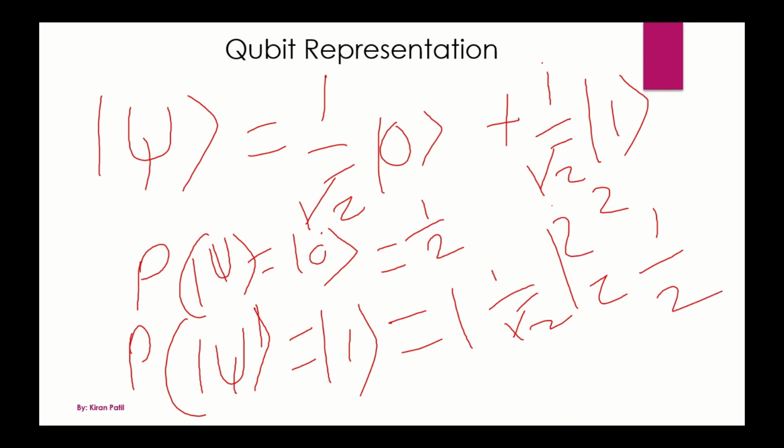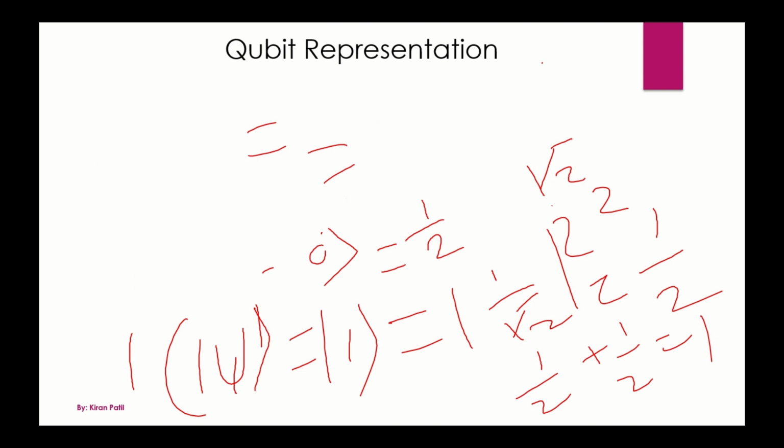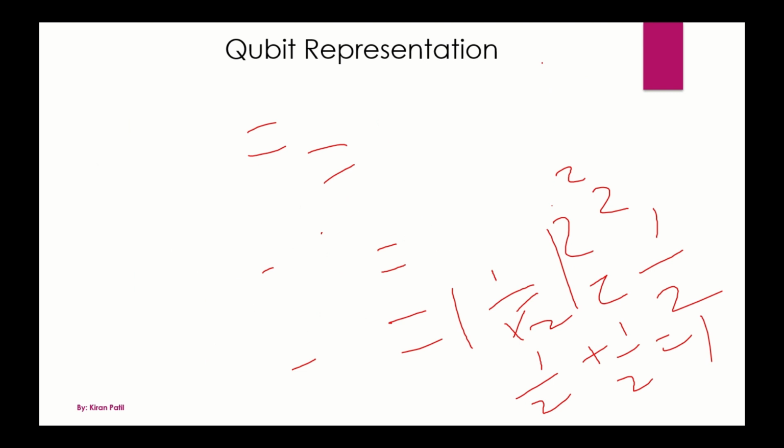If we add 1 by 2 plus 1 by 2, we get the value 1. So this is how alpha square plus beta square is equal to 1. So this is all about the qubit.